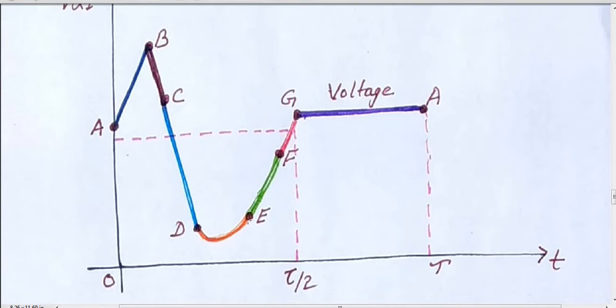Now at this point E, the plasma is removed but a residual charge of electrons remains in one end of the depletion layer and a residual charge of holes in the other end. As the residual charge is removed, the voltage increases from point E to point F. After the residual charge has been removed, we can see in this portion of the curve the voltage is increasing.